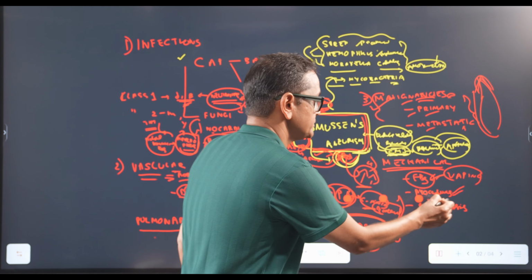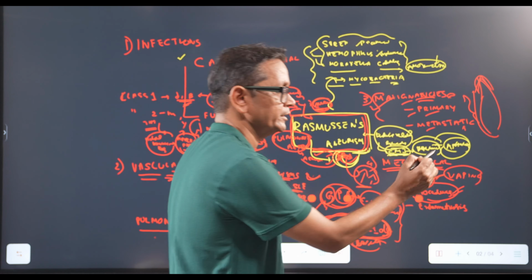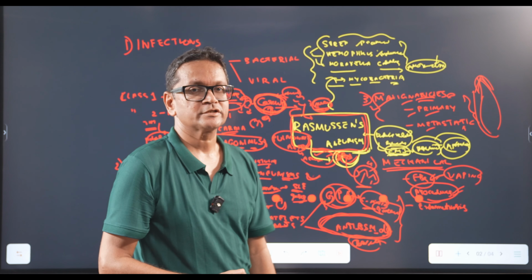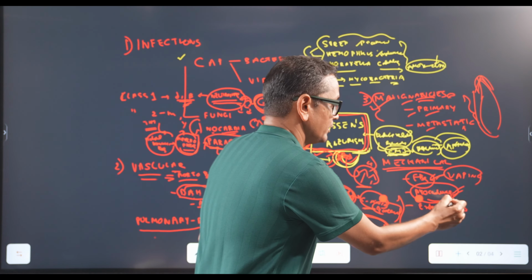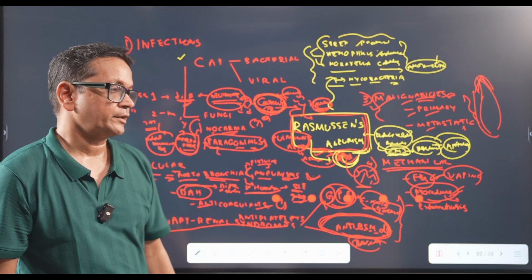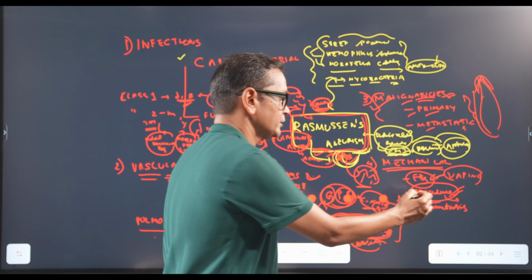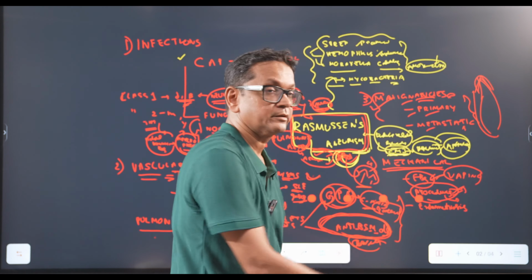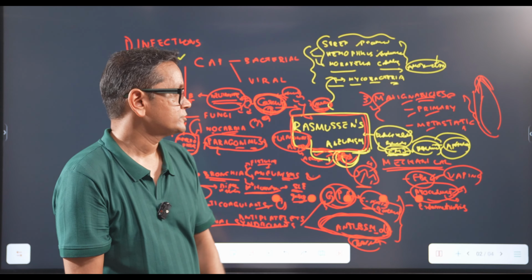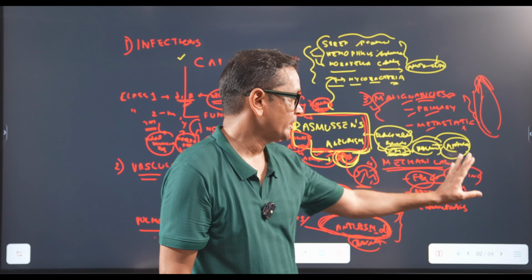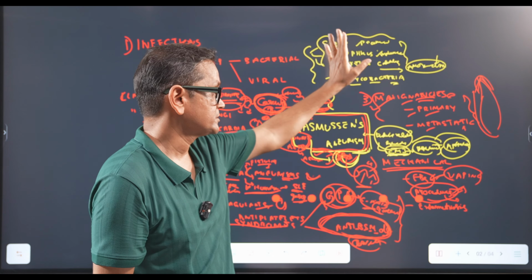In addition, ever-increasing procedures of bronchoscopy and also procedures on the heart, especially on the left atrium, or catheterization of a pulmonary artery, can lead to inadvertent rupture and bleeding. So these are iatrogenic causes. These fall under the category of mechanical causes of hemoptysis.